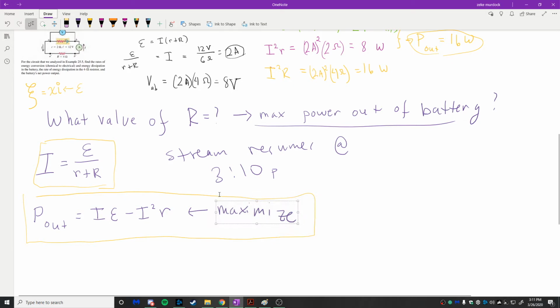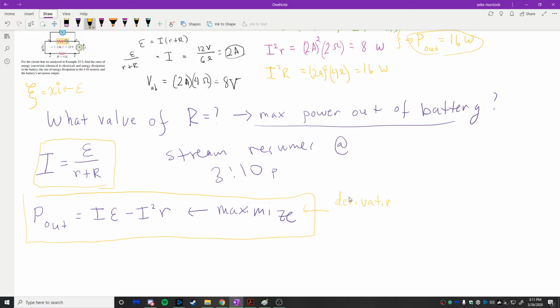Does everyone understand that? Anytime you see the word maximize, optimize, or minimize, you should immediately think derivative. That's the first thing your brain should do. Anytime a problem like this, whether it be in chemistry, physics, biology, economics, computer science, it doesn't matter what it is, this word maximize should instantly make you think take derivative.